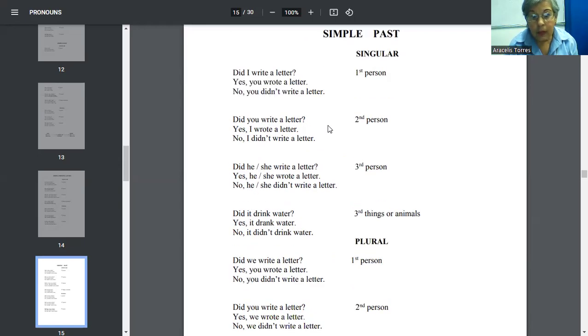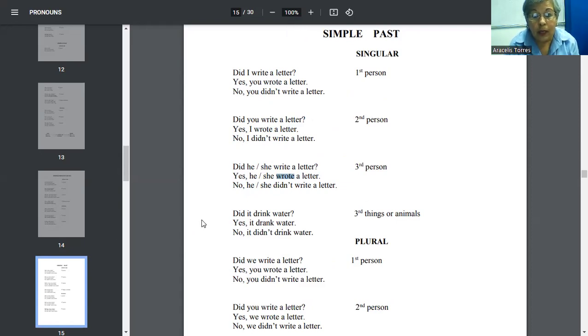Okay? You see the same verb here with you, and here with I, and here with the third person, it's the same. It's the same verb, okay?